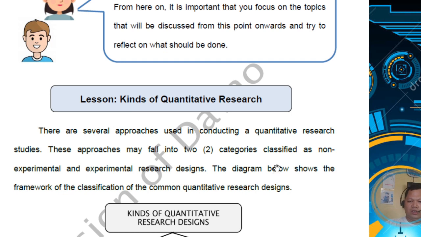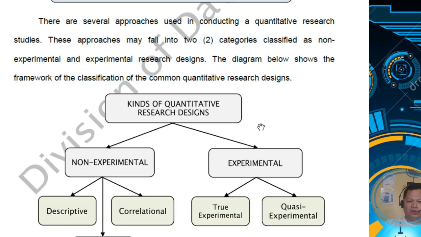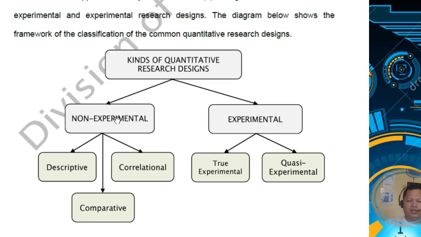There are two major categories of the kinds of quantitative research: the non-experimental design and the experimental design. Commonly we use the non-experimental design because it's much simpler to use compared to experimental.